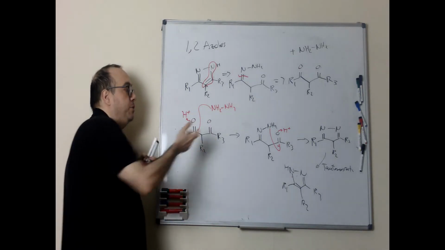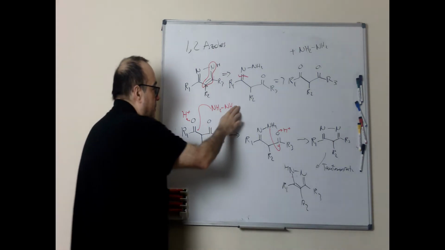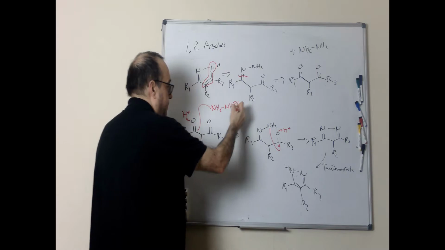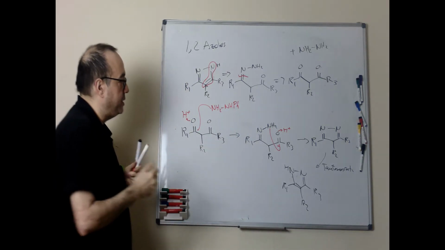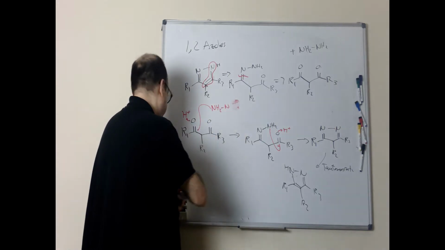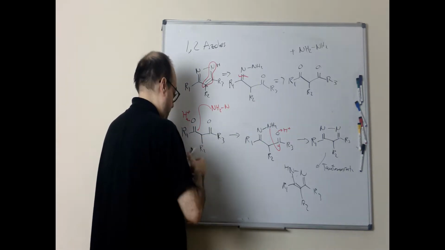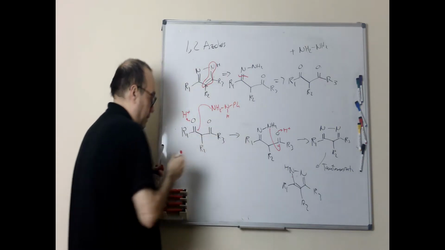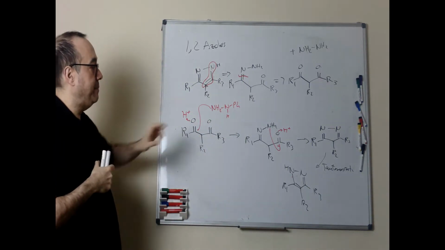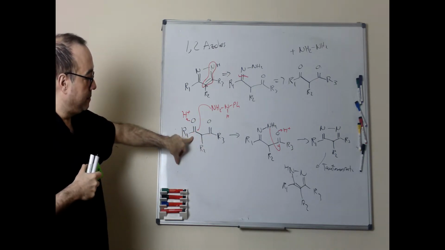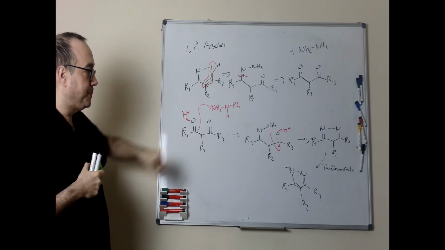What happens if instead of hydrazine we use a substituted hydrazine? For example, we use here a phenyl. Okay? This nitrogen has a hydrogen and has a phenyl. The reaction will be the same. The nitrogen will attack the carbonyl group.